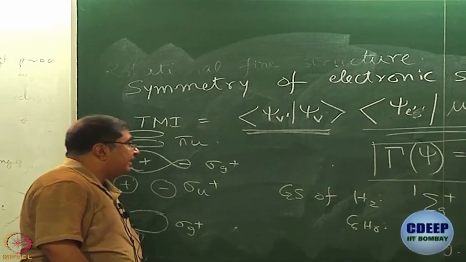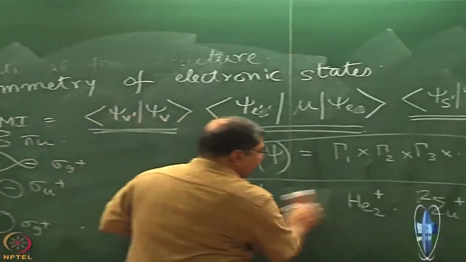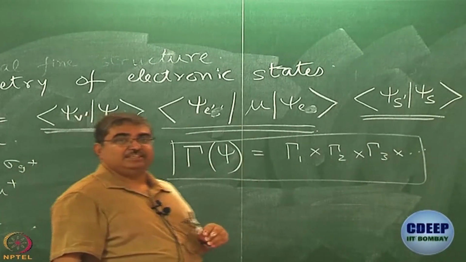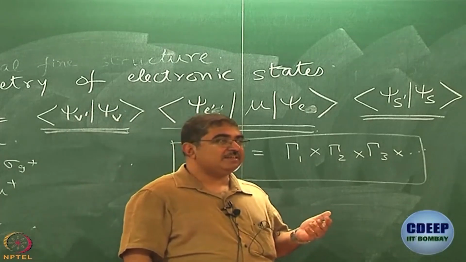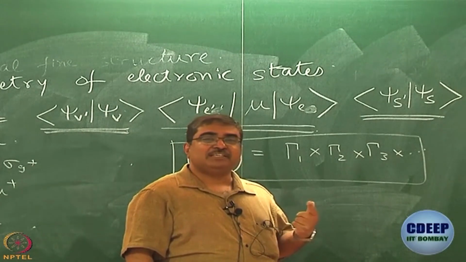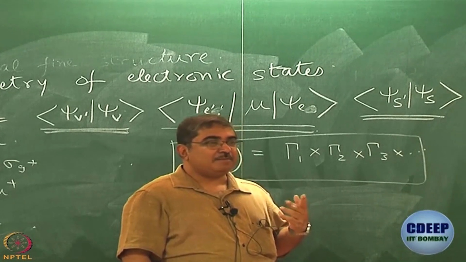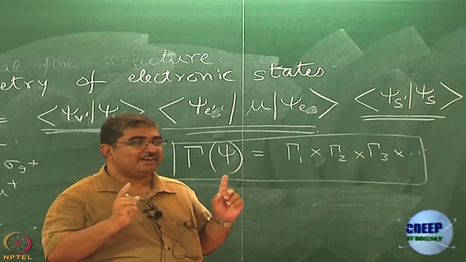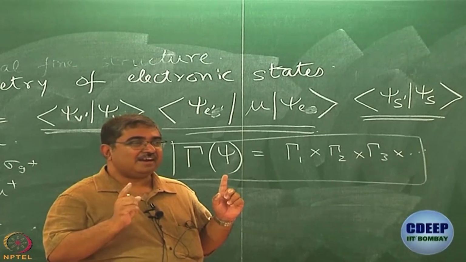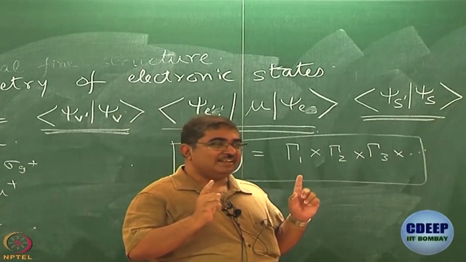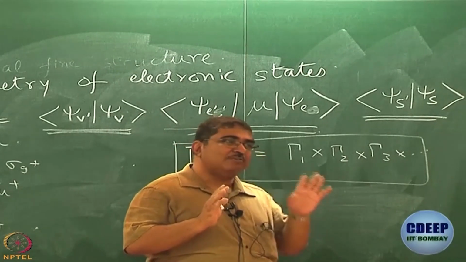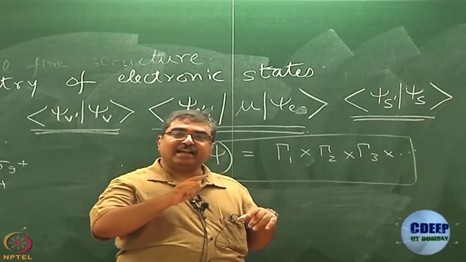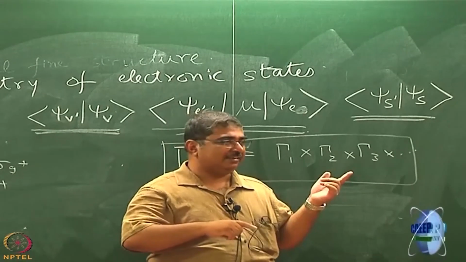Now, let us talk about an excited state. We can choose anything, but let us say I have an excited state of oxygen. What is the ground state of oxygen? What is the electron configuration? Pi G or pi U? Is it bonding or anti-bonding? Anti-bonding is pi G. So the ground state electron configuration will be pi G1, pi G1, we will come to that. But let us say I have performed a transition.